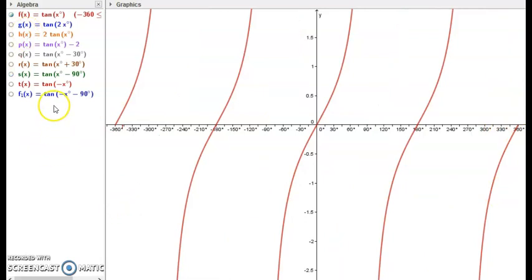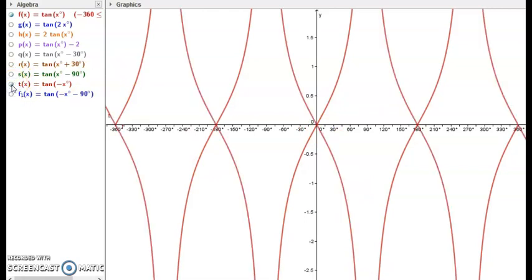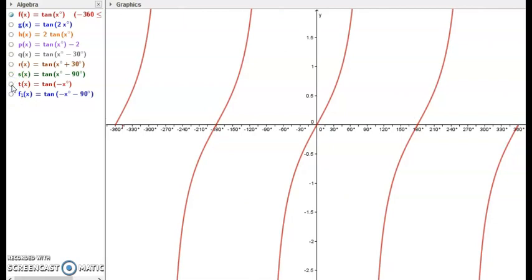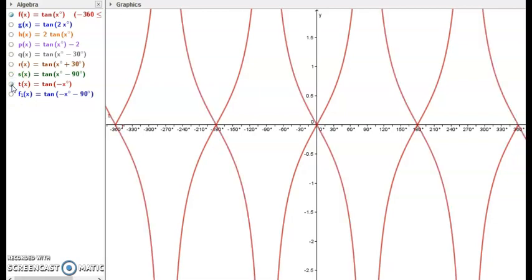So, can you think how tan of negative x will display? Yes, it will be a reflection about the x-axis, and the arm that went up now goes down. Do you notice the difference? Do you notice what is happening?